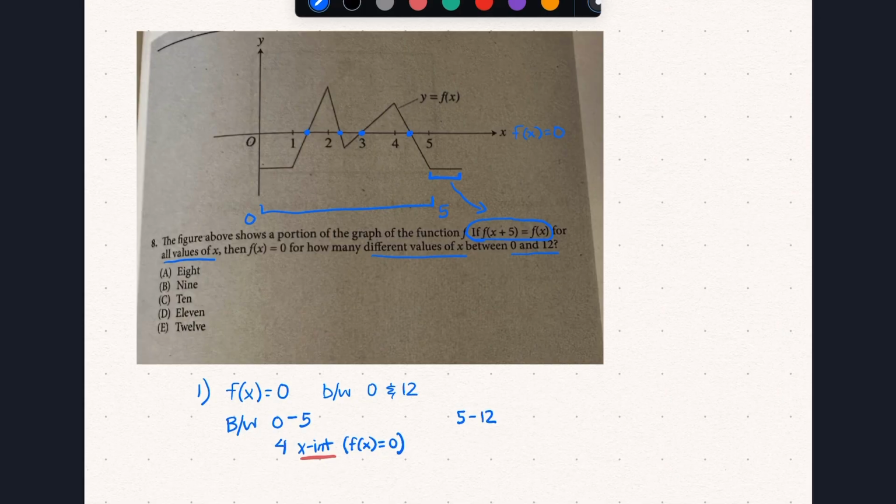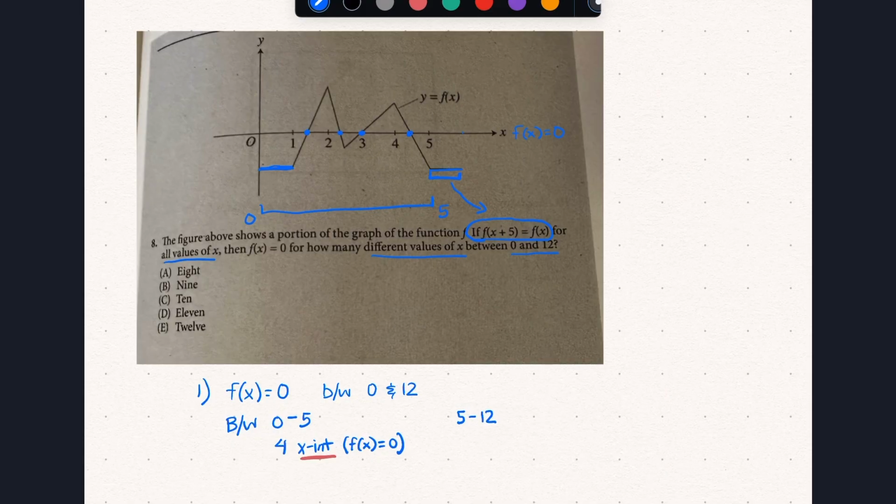So from 0 to 1, we have this straight line, probably around -1, but we're not really told. And similarly, from 5 to 6, 5 being 0 plus 5, 6 being 1 plus 5, we have that portion of the function repeat itself.